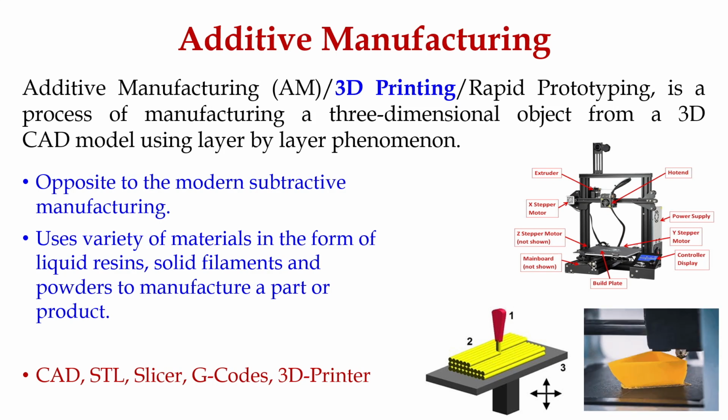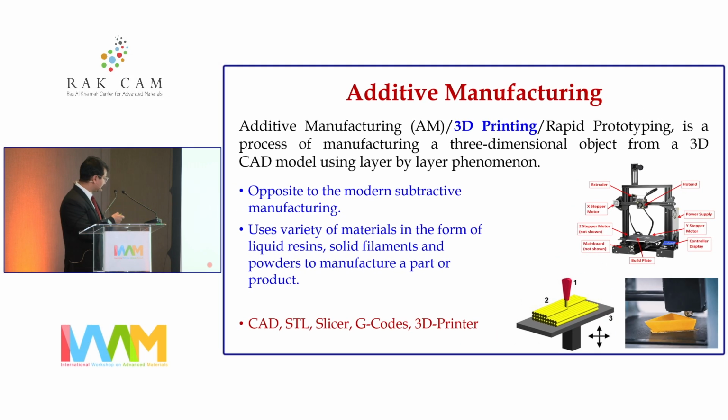It is opposite to modern subtractive manufacturing. It uses a variety of materials, like liquid resins, solid filaments, and powders, to make a part or product. This is very basic. We first make a CAD file, then convert it into STL, then we slice it into layers, then we make G-codes, and then we give that file to the 3D printer, and it prints.